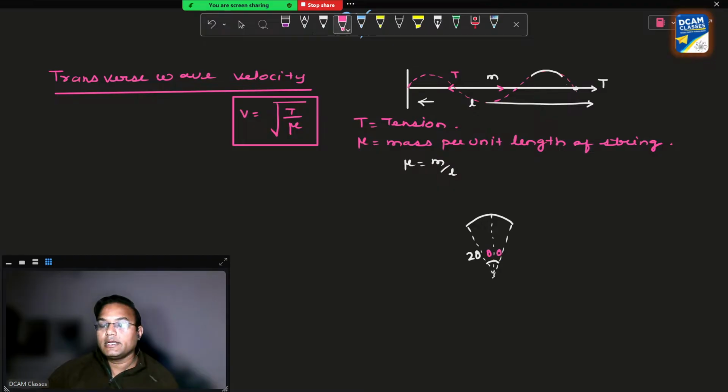Theta here, theta here. Because the tension is equal everywhere, it is transmitted, so this is also theta. Let's say it is 90 degrees, this is 90 minus theta, this will be theta.